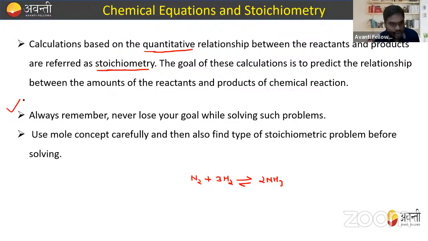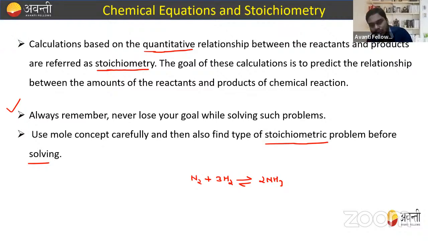This is clear. Next, always remember, never lose your goal while solving such problems, right? Use the mole concept very carefully, and also find the type of stoichiometric problem before solving. In the next slide, we are going to see different kinds of stoichiometric problems related to different conditions, so we try to understand each condition so that we can easily solve numericals or questions based on stoichiometry.